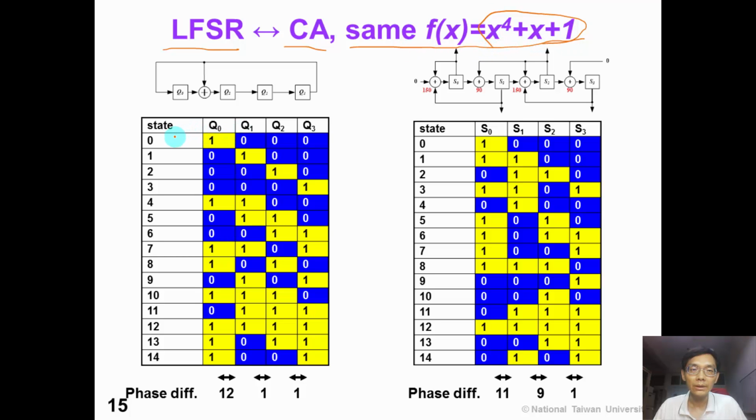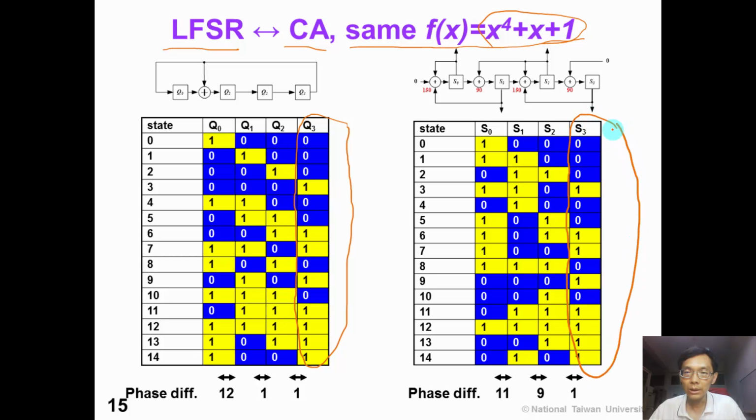As we can see from this state transition table, the M sequence of Q3 is exactly the same as the M sequence generated by S3. The other bits are the same M sequence. They are just phase shifted.